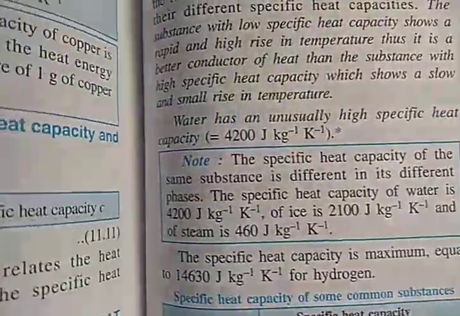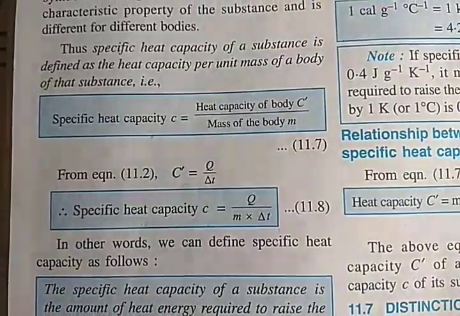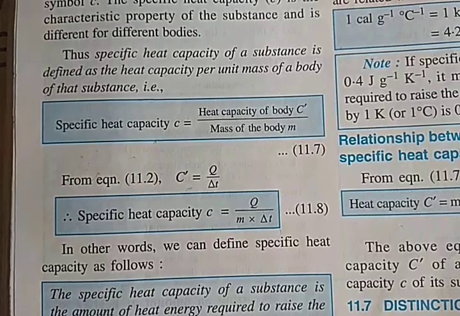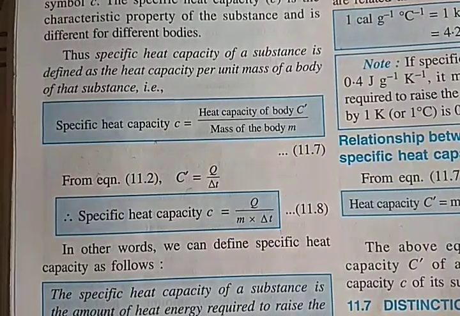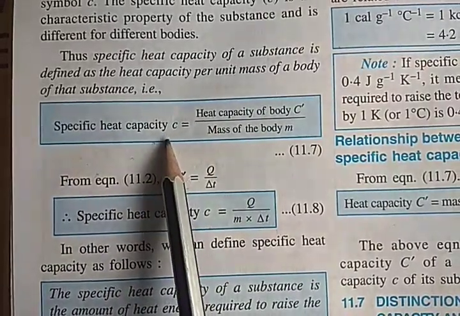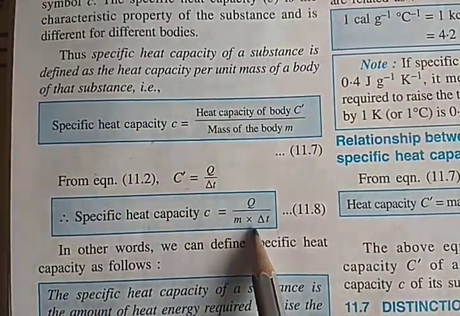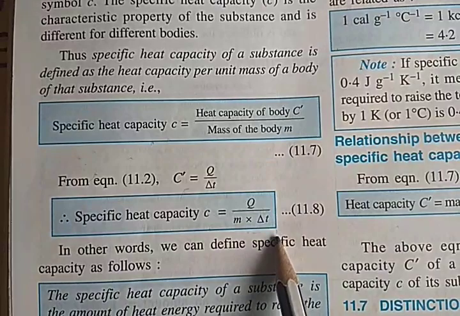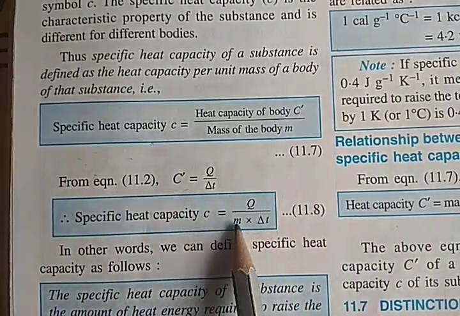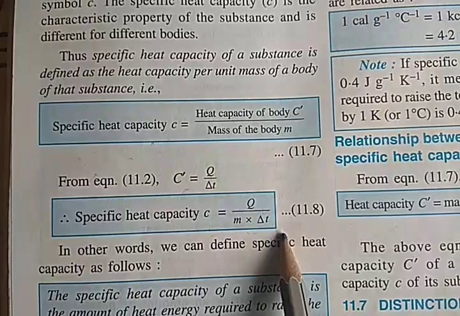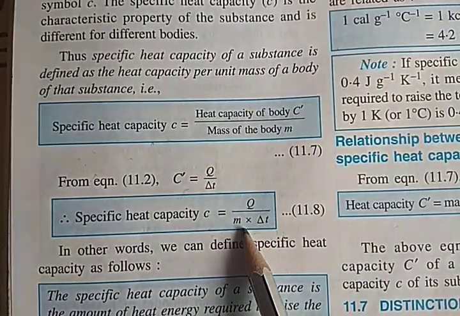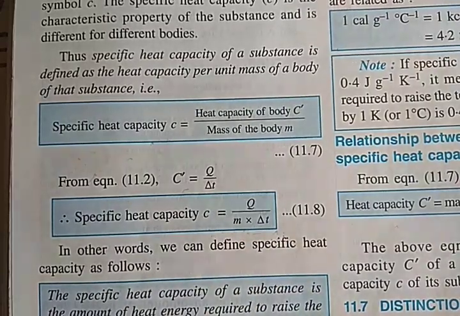Then we spoke about a very important concept, which is the specific heat capacity. Specific heat capacity is denoted by a small c, and the relation is Q by M delta T. Its definition is the quantity of heat required to raise the temperature of unit mass of a substance by unit degree.